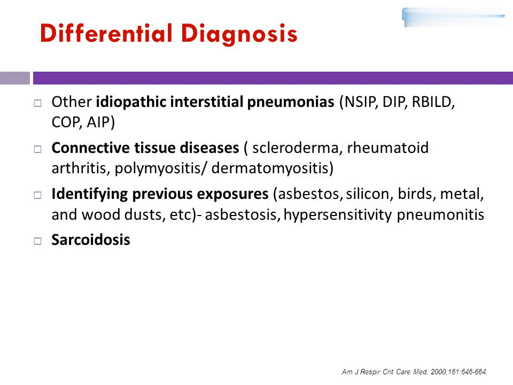Connective tissue diseases: scleroderma, rheumatoid arthritis, polymyositis/dermatomyositis. Identifying previous exposures: asbestos, silica, birds, metal and wood dusts, etc.; asbestosis, hypersensitivity pneumonitis. Sarcoidosis. Am J Respir Crit Care Med 2000, 161:646-664.